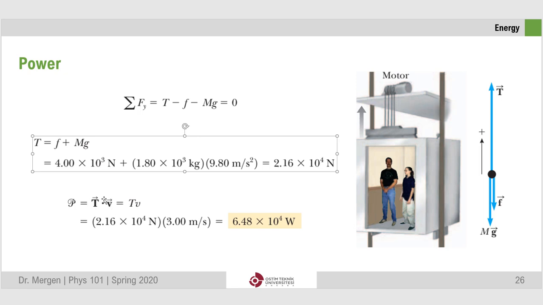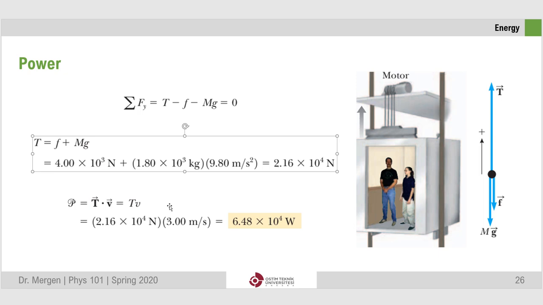Since the tension and the velocity vectors are directed in the same direction, the angle between them is 0. And remember, scalar product means the amplitude of the first vector times the amplitude of the second vector times the cosine of the angle between them.